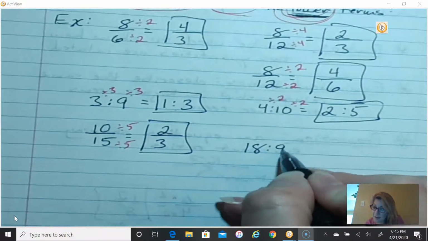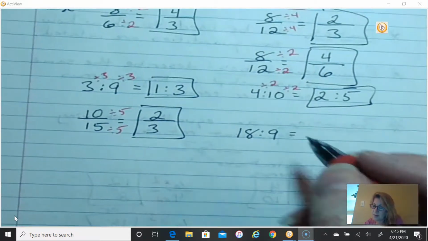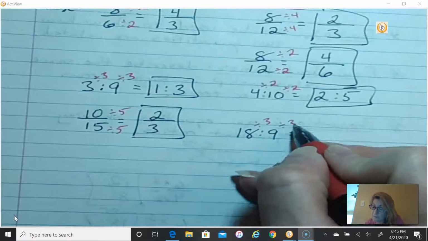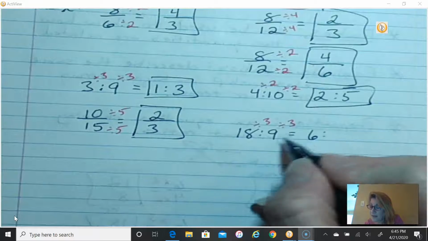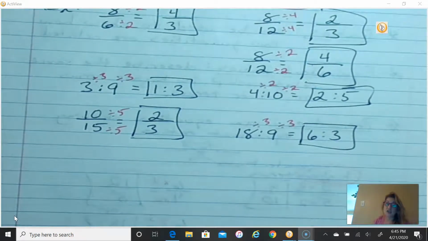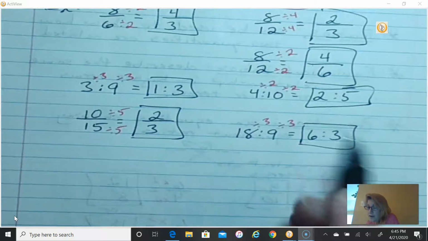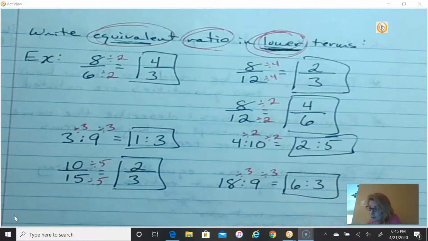How about 18 to 9? We could do it by 3. 18 divided by 3 is 6. 9 divided by 3 is 3. Guys, we're not looking to reduce all the way to lowest terms, but that's kind of what you're doing. This isn't in lowest terms, but that's okay, because we're doing ratios, and all they asked for was a lower term, not the lowest term.